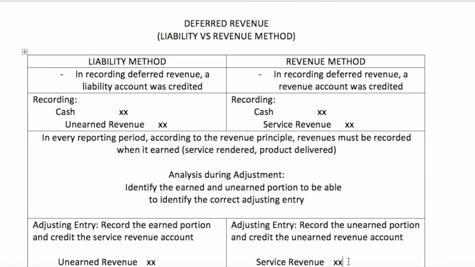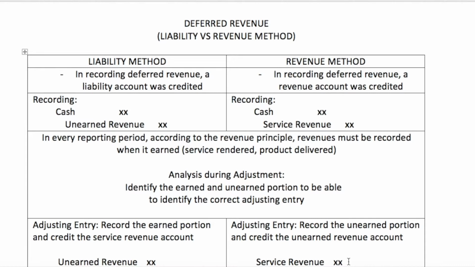Okay, so the purpose of adjusting entries is to be in conformity with the revenue and the expense recognition principles, that revenues must be recognized when they are earned, okay, and then expenses must be recognized or recorded when they are incurred, used, or expired.